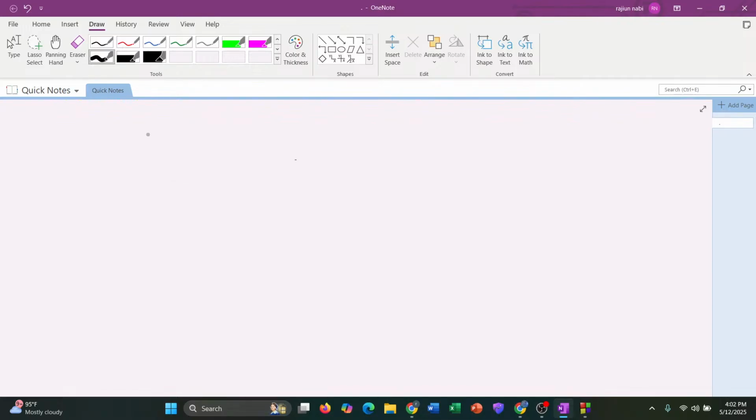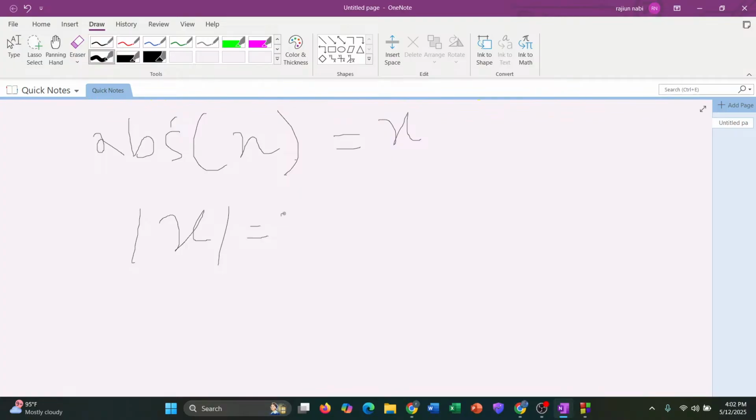Suppose the absolute value of x will always be positive, right? The absolute value of -x will be x, and the absolute value of +x will also be x.